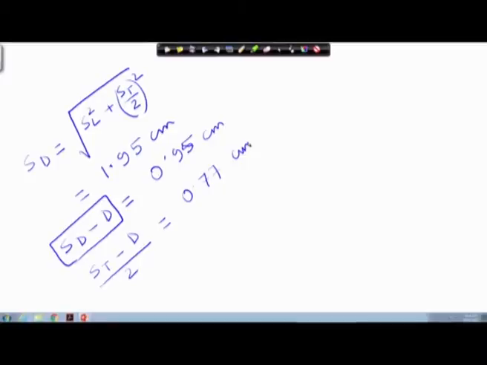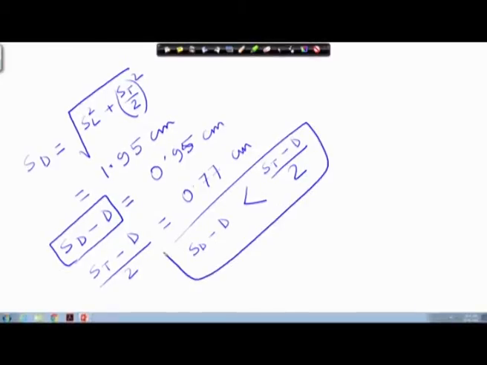Now we see whether SD minus D is less than ST minus D by 2. That is the condition necessary for the velocity to be maximum at A2.